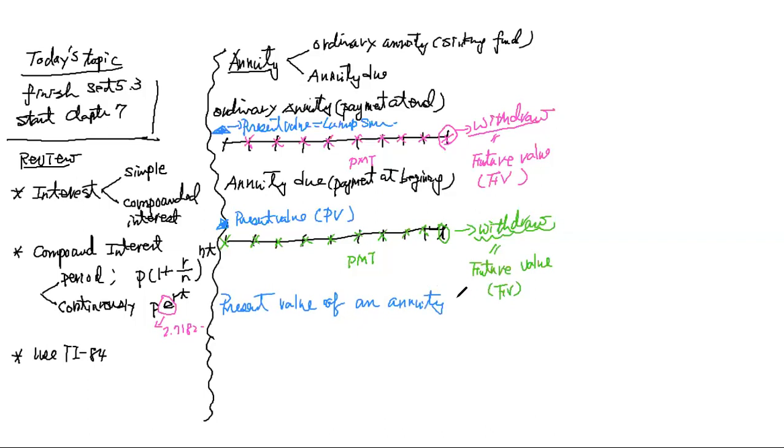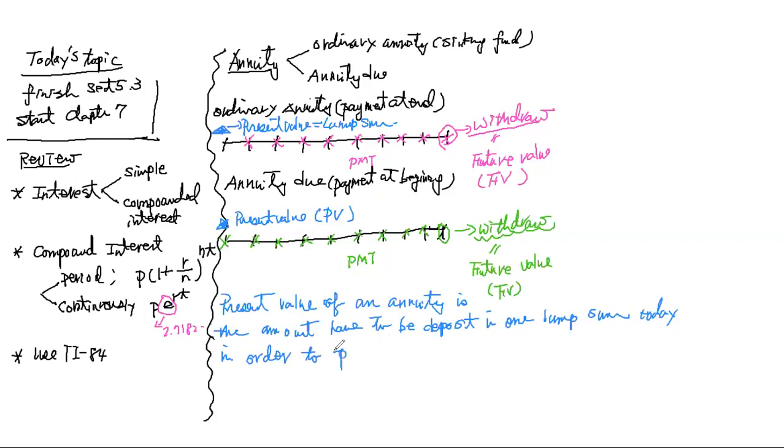The present value of an annuity is the amount that has to be deposited in one lump sum today, that means right now, in order to produce exactly the same balance or the same amount at the end.